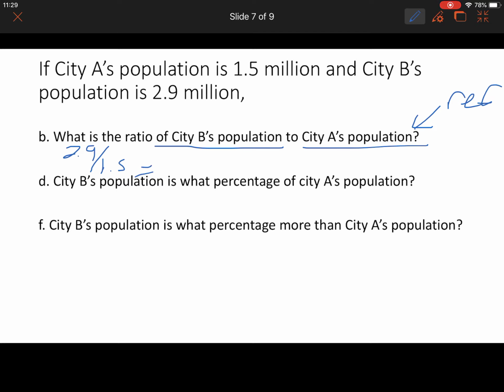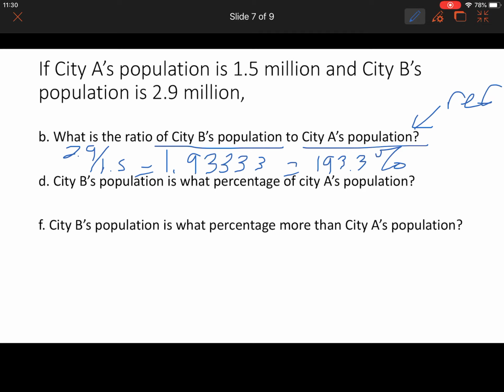Notice it's okay if the top number is larger. That's one reason we've stepped away from the part and whole notation you may have seen before. This is 1.9 with a lot of threes. So this is 193 point, however many threes we want, percent. It's bigger. It's almost twice as big. It's almost 200% of City A's population.